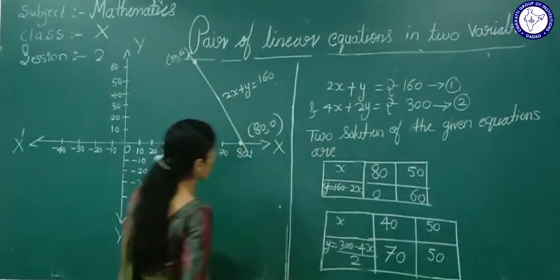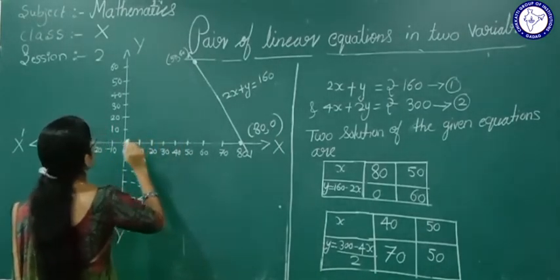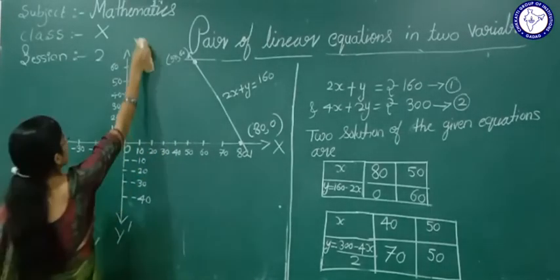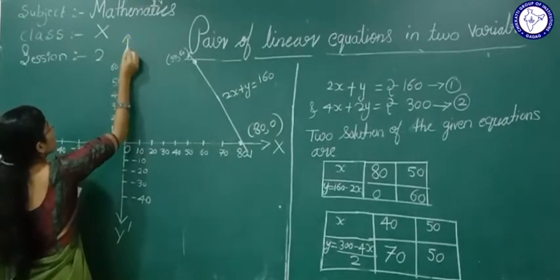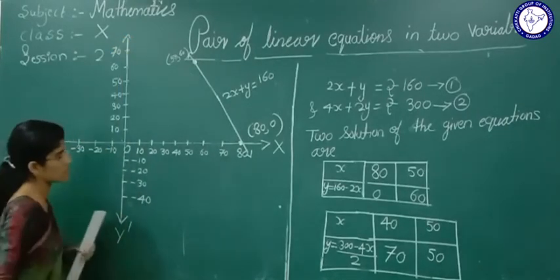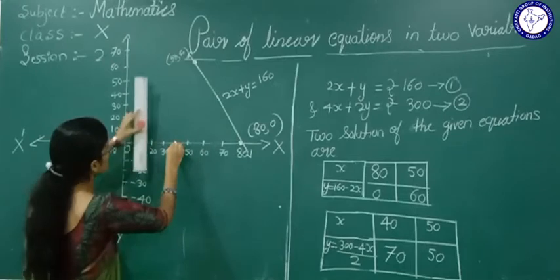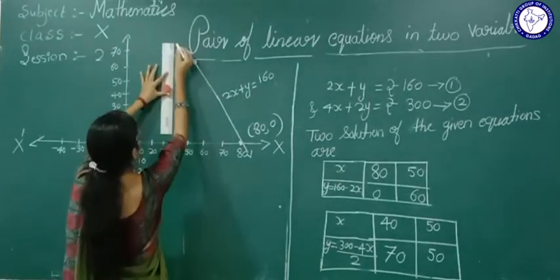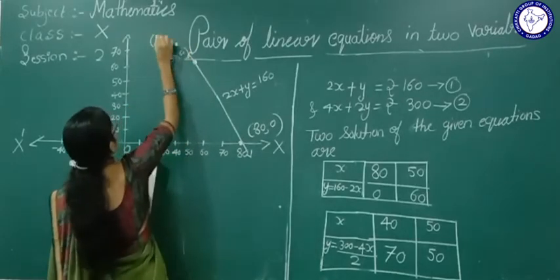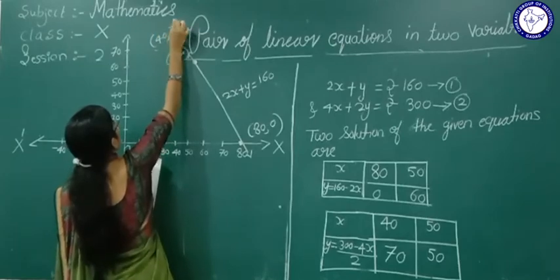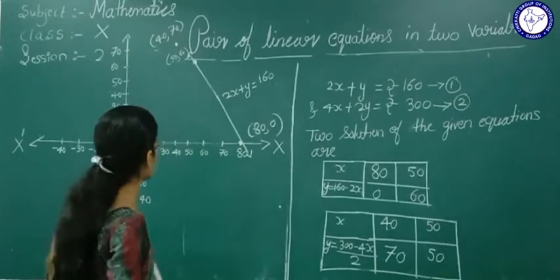When x value is 40, the corresponding y value is 70. Right? (40, 70). Again, next, when x value is 50, y value is 50.